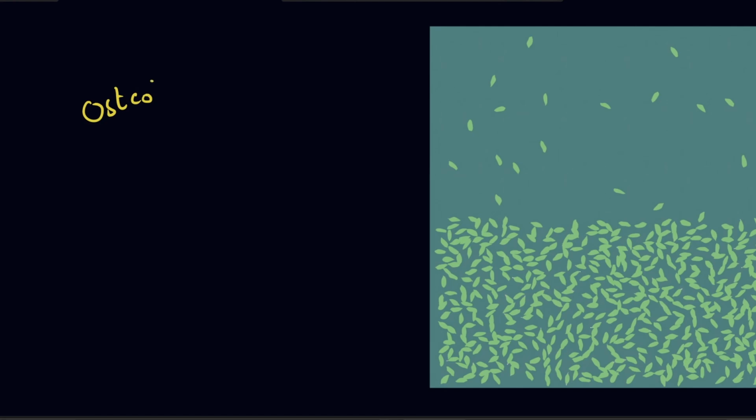Now here I will draw a side diagram to explain something important. Some of these cells will transform into osteoblasts, and we can say osteoblasts are polarized. I am using the word polarized because you will see it written in the literature, for example in Gray's Anatomy, that these osteoblast cells are polarized.